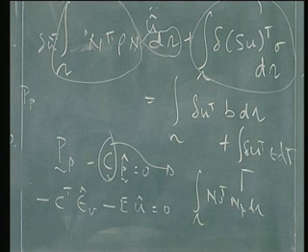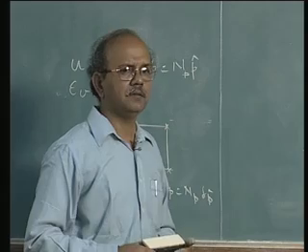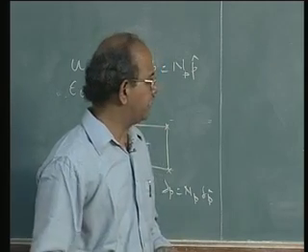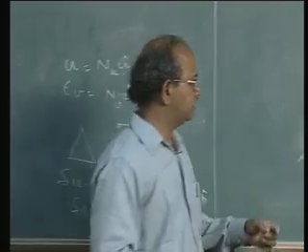Now, third equation. Having done all this, look at the third equation and substitute. Third equation is slightly more involved. Let me write, I think I've written that down here.